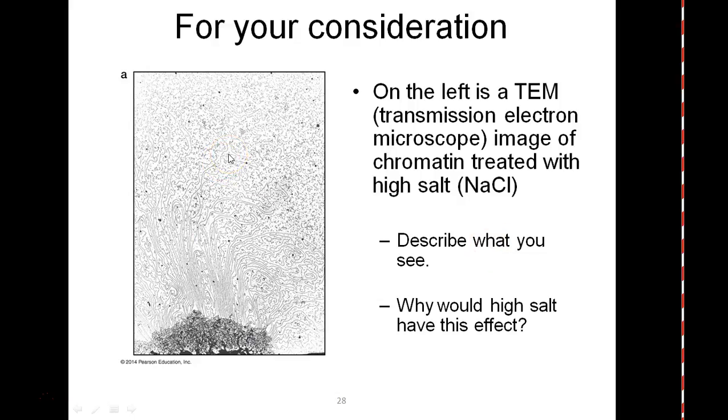I hope the resolution is good enough, but we can always speculate what we see. Discuss why high salt would have this effect. So how about if we take like 2-3 minutes?